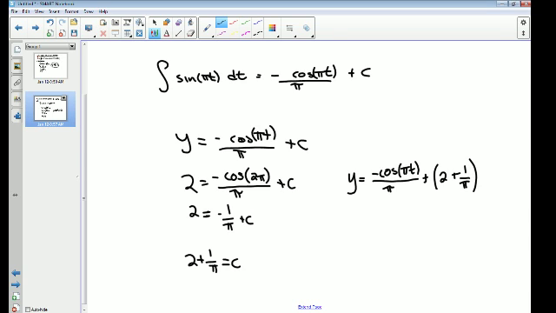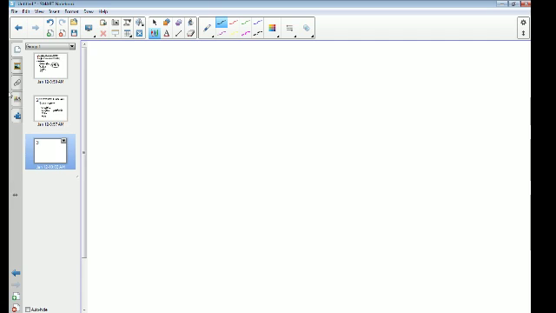Okay. Here's a word problem. There will be one like this on the quiz. Say we have a car traveling at a velocity of 24 meters per second that begins to slow down.